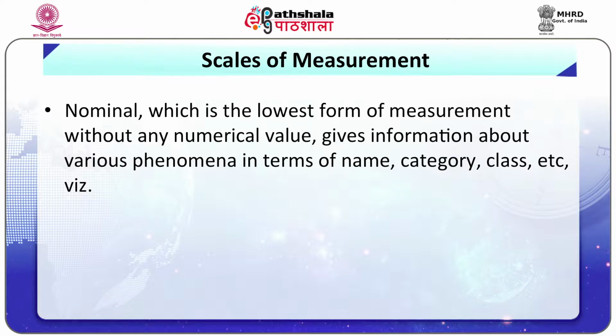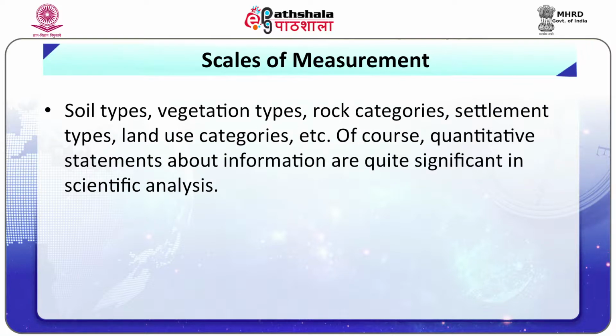Nominal, which is the initial form of measurement without any numerical value, gives information about various phenomena in terms of name, category, class, etc., that is soil types, vegetation types, rock categories, settlement types, land use categories, etc.